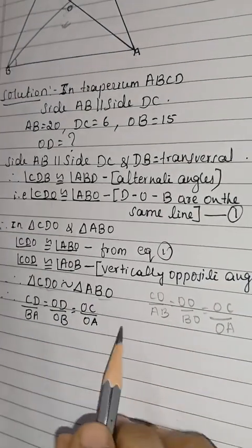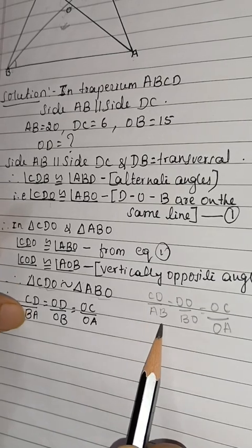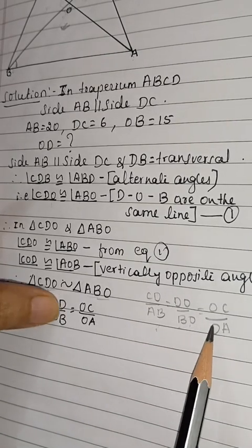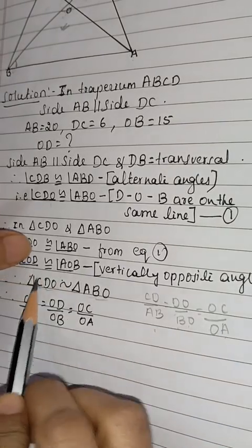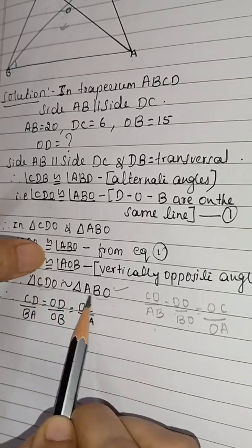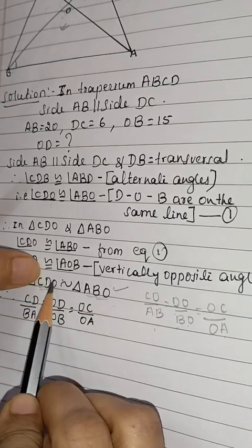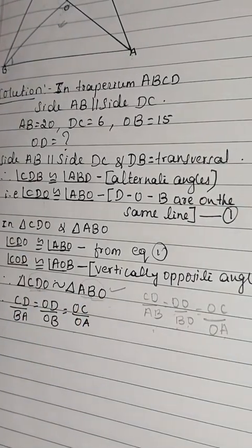AB or BA is the same, OD or DO is the same.